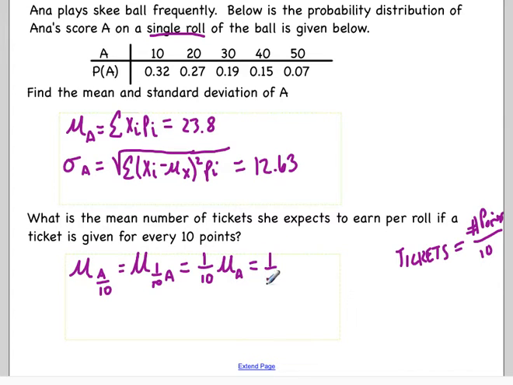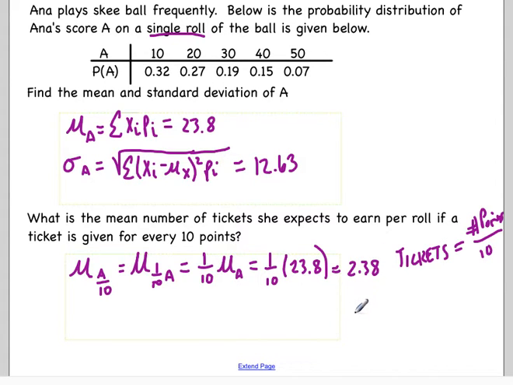So we're going to do 1/10 times the original mean, which was 23.8, and we're going to get 2.38. So that would be the expected number of tickets. 23.8 is her expected number of points. If she gets a ticket for every 10 points, then we would expect her to get about 2.38 tickets.